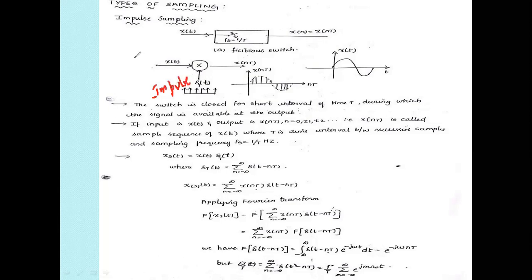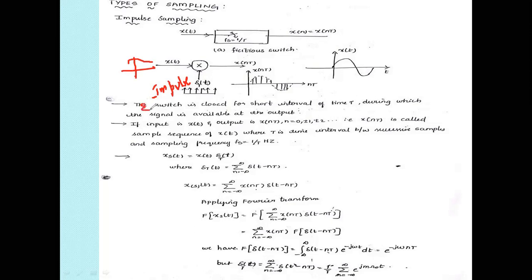The signal x of t is multiplied by the impulse train. What is the impulse function? It means the sum of n equal to minus infinity to infinity of delta of t minus nTs. The sampled signal is the multiplication of the two signals.